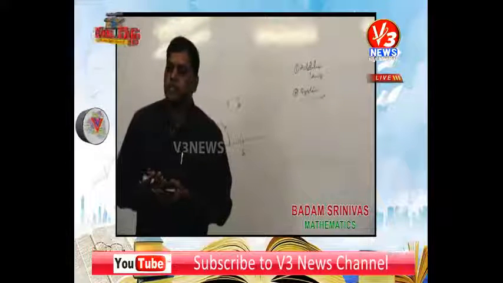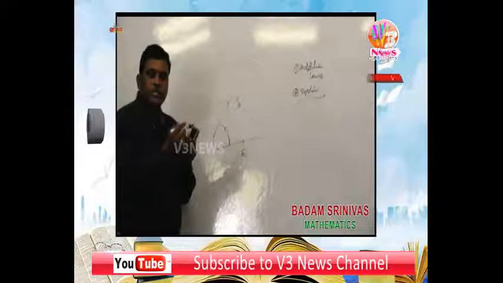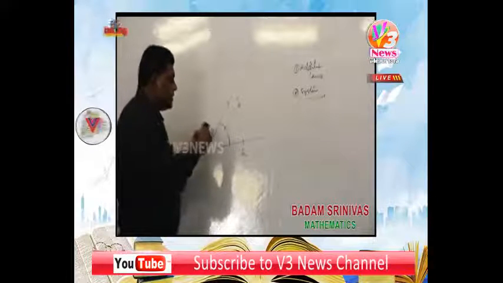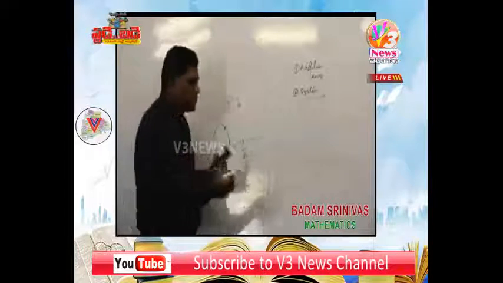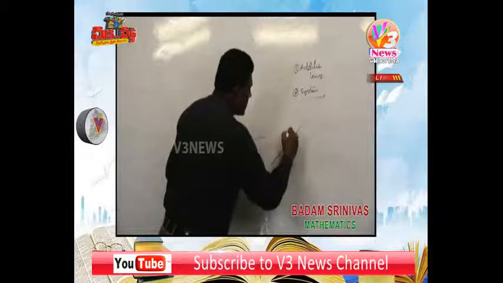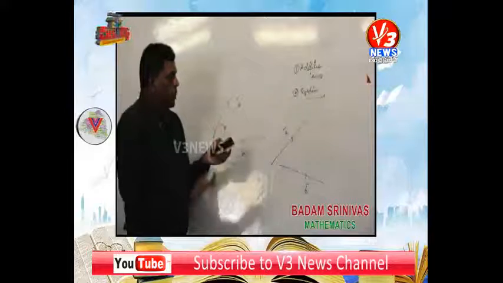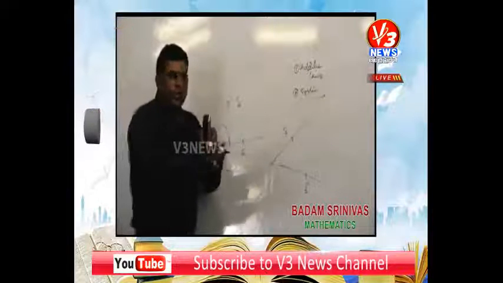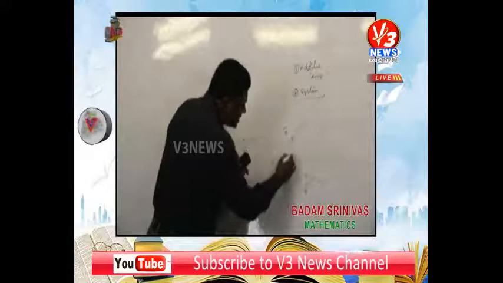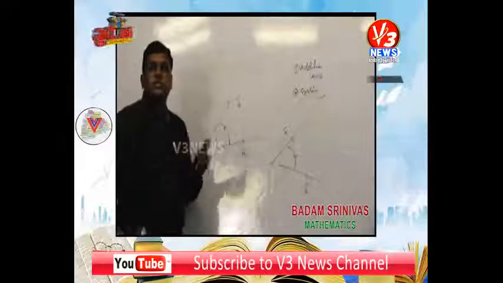a right-handed system. And suppose we interchange the vectors. Suppose this is A bar, this is B bar. Now to move A bar towards B bar, in this direction, we have to move in clockwise direction.